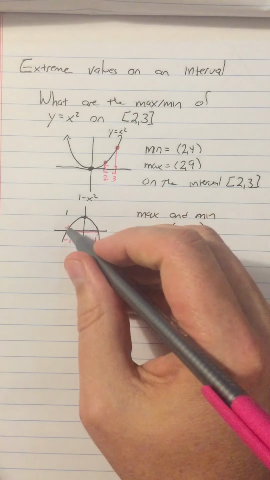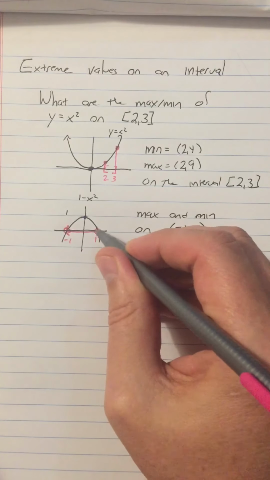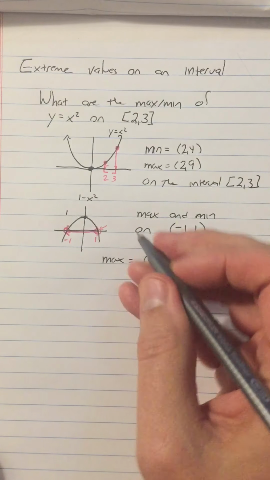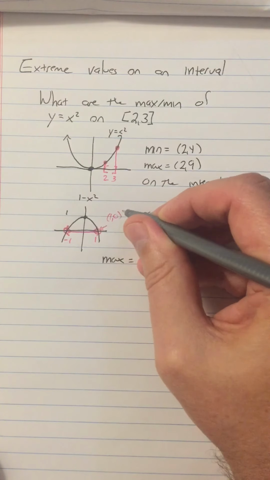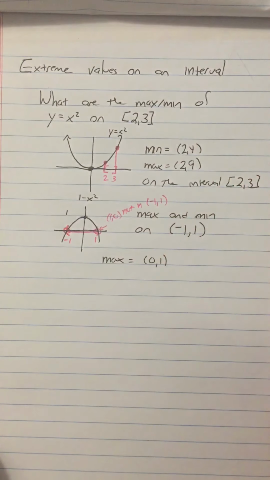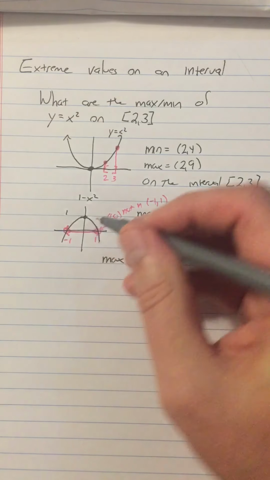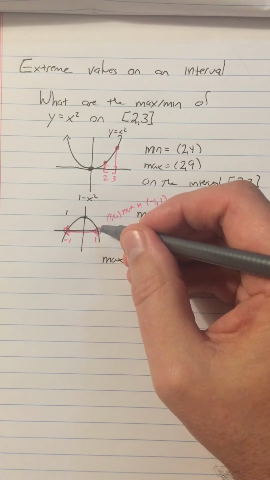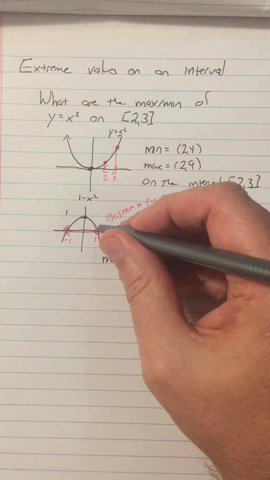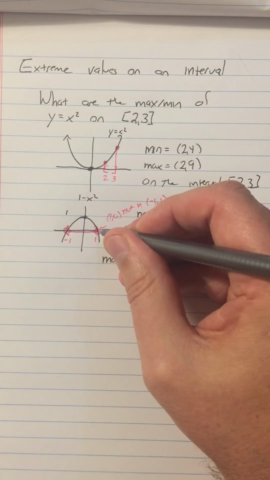Because it's an open interval, we never include whatever the lowest value is here. The lowest value here is at the endpoint, but we never include it. That endpoint is not in the interval. So what should be the minimum is excluded. I can get as close as I want to this point, but I can't touch it.